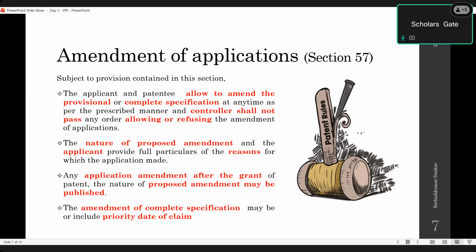Once the patent is filed, at any time before the grant of the patent, the patentee can amend that particular specification. It may be the provisional specification or the complete specification. That's not a matter. The patentee has the right to amend that particular invention.